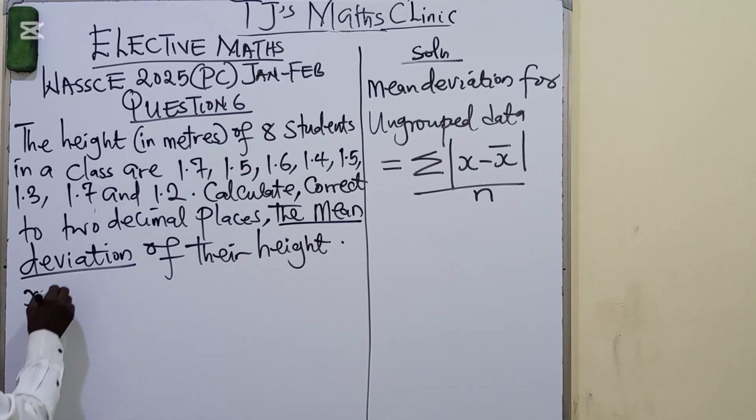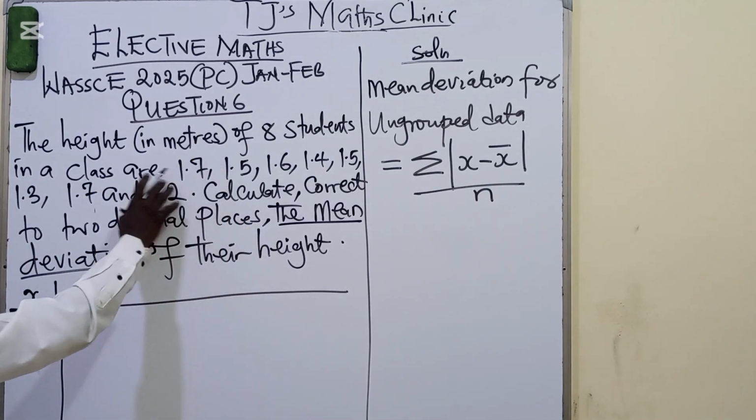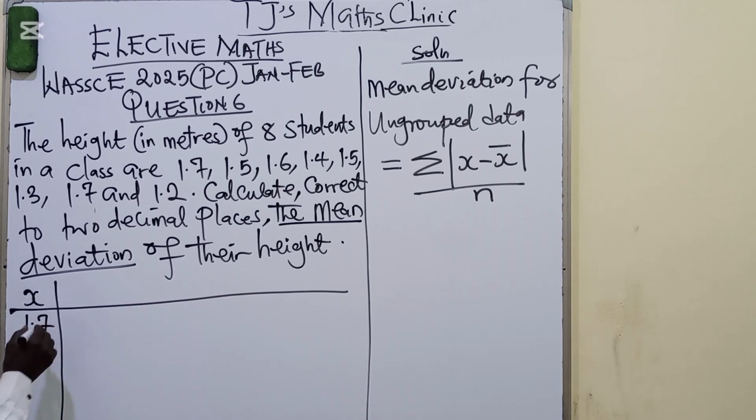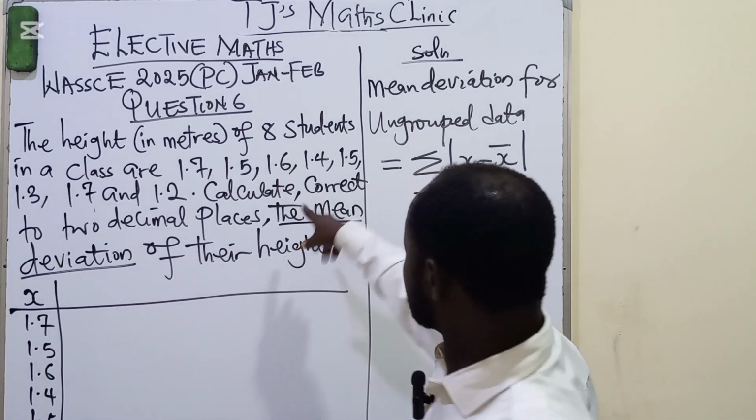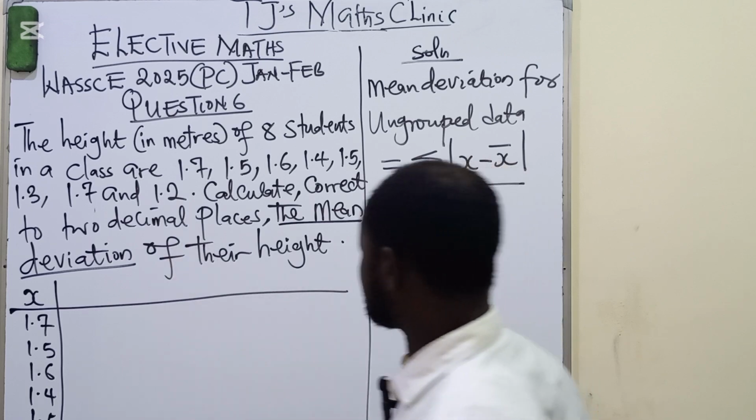The x values are the numbers given here: 1.7, 1.5, 1.6, 1.4, 1.5, 1.3, 1.7, and 1.2.